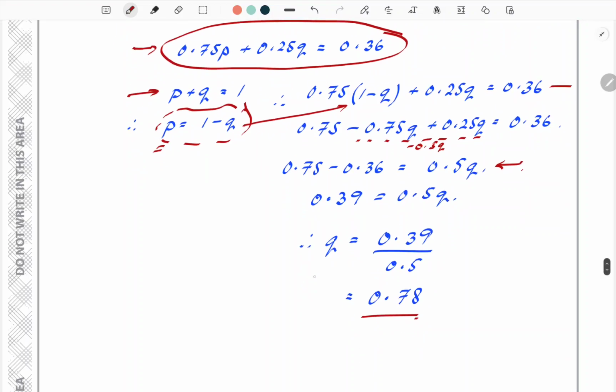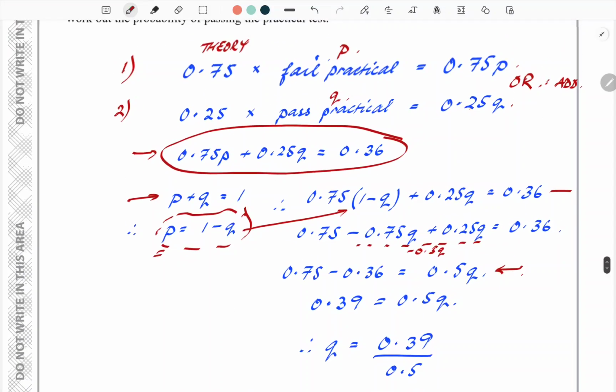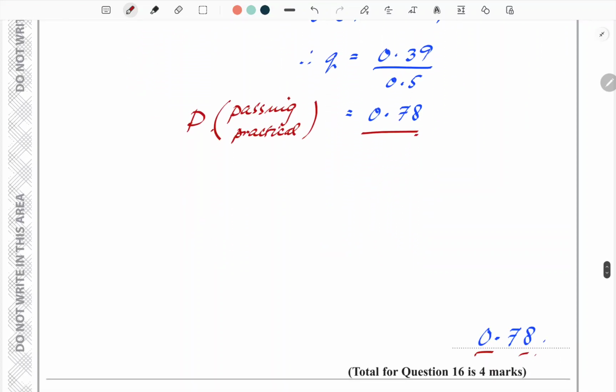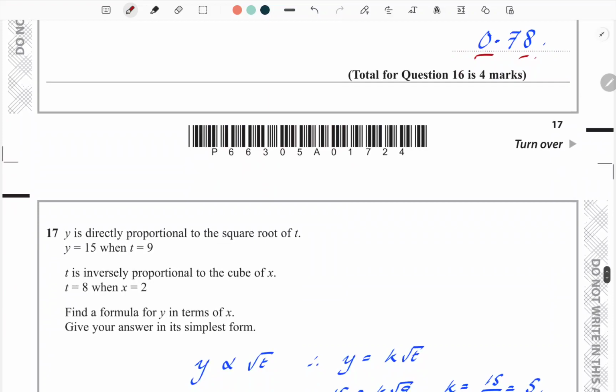Remember, I defined Q as passing the practical. And there's the answer, 0.78.